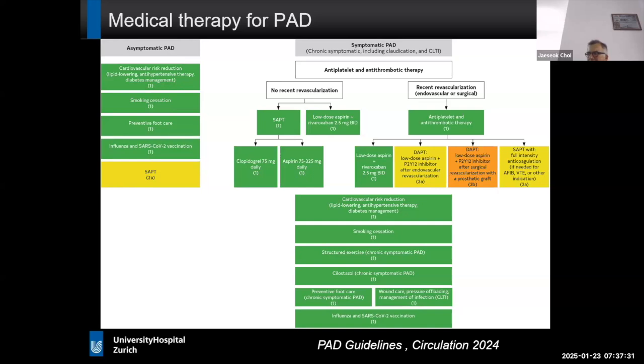We have the Fontaine, we have the Rutherford, we have the TASC, and still other discussions. That's one. But number two, is it rewarding to intervene in limb ischemia? What is the chance that we can salvage the limb?